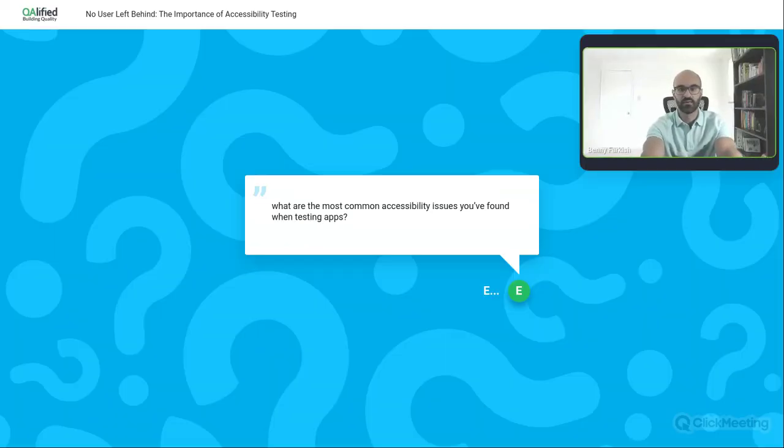All right. So, I got a question. What are the most common accessibility issues you found when testing applications? The most common one, that's a great question. I think the most common one came out of my way. It was using JAWS, which is a very common tool to use. And JAWS was not able to identify the entire field.